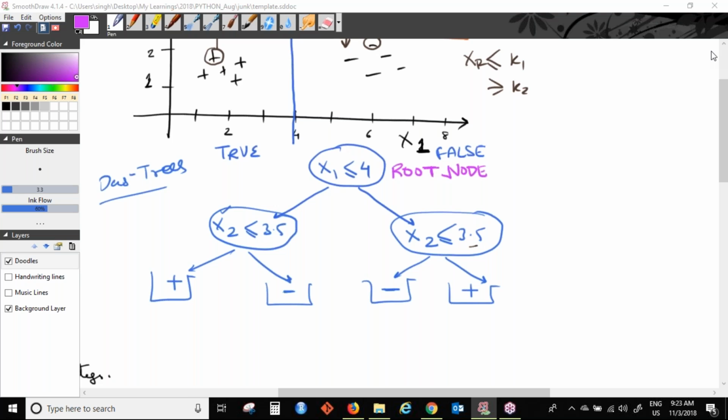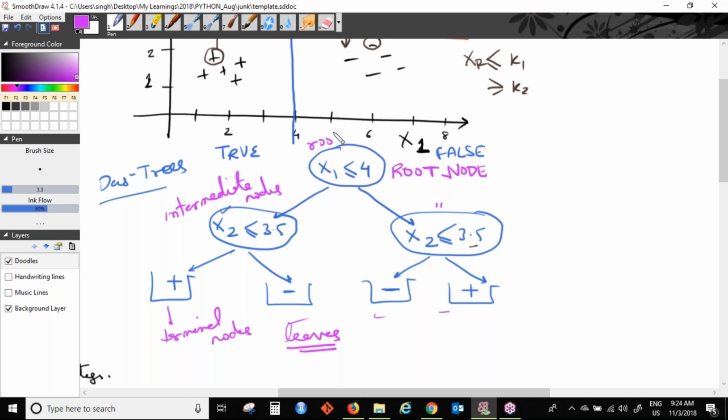These are known as intermediate nodes. Just nomenclature. Intermediate because they are in the middle. This also is an intermediate node, and these are known as terminal nodes. All of these. Terminal because they are the end. They are like leaves of the tree.